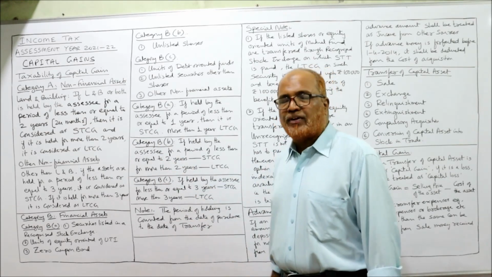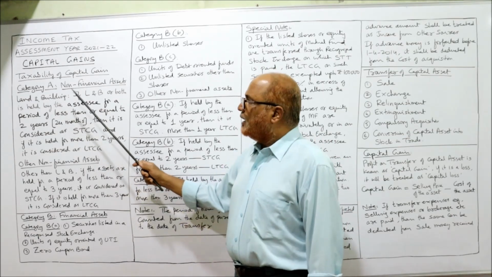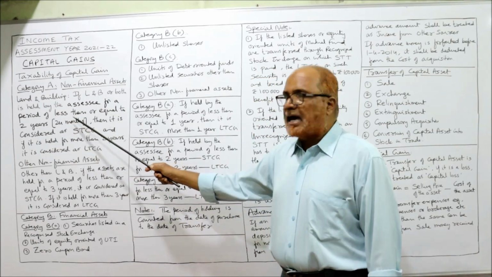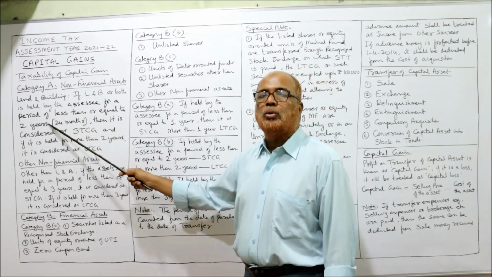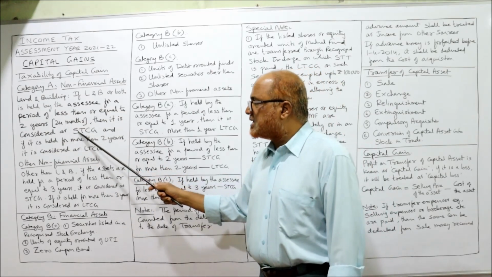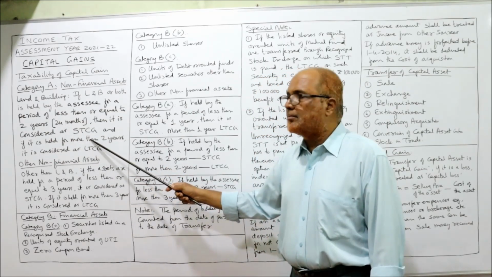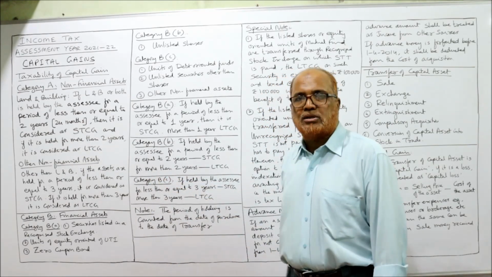So for non-financial assets, what is the rule? For land and building, or both, if held by the assessee for a period of less than or equal to 2 years, meaning 24 months, then it is considered short-term capital gain. If it is held for more than 2 years, it is considered long-term capital gain.